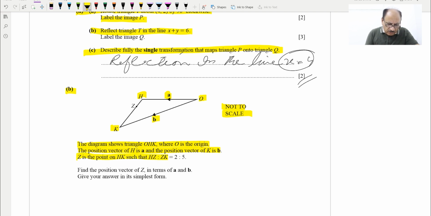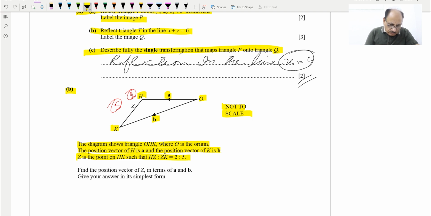Z is the point on HK such that HZ to ZK is 2 to 5. So we can write this one as 2 and this one as 5. The total is divided into 7 portions, so we can write 2 by 7 and 5 by 7.